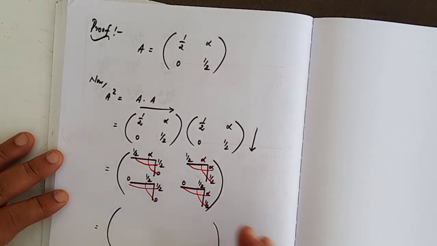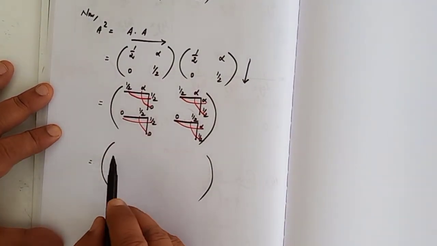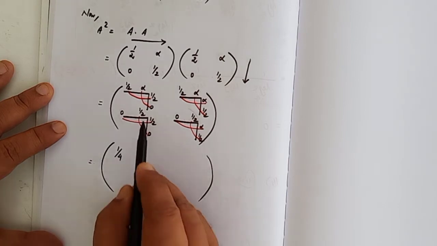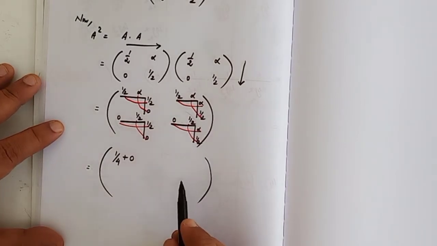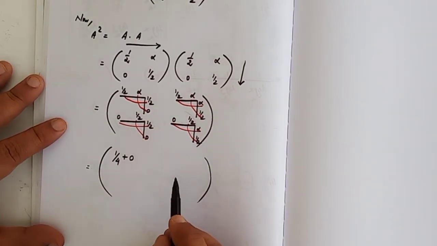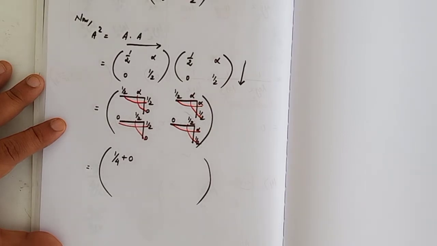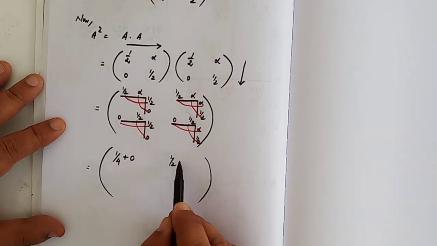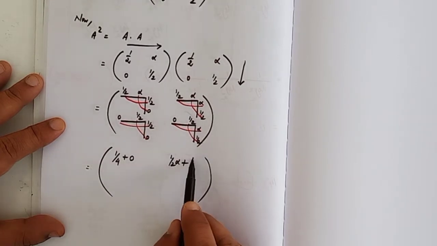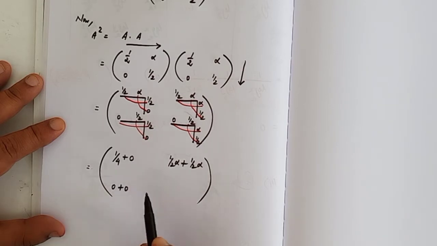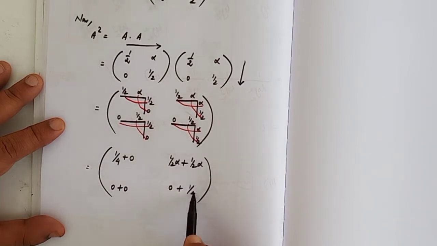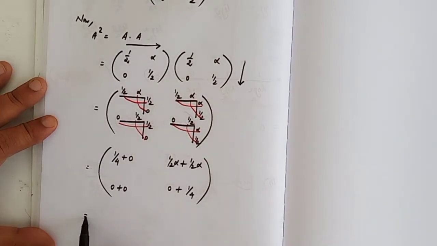If you multiply, you will get 1/2 into 1/2, that is 1/4. Alpha into 0 is 0. Half into alpha is half alpha, plus half into alpha, half alpha. 0 into anything is 0, so 0 plus 0 is 0. 0 into alpha is 0, plus half into half is 1/4, so 1/4 plus 0 is 1/4.